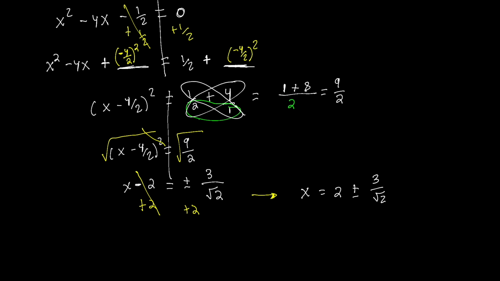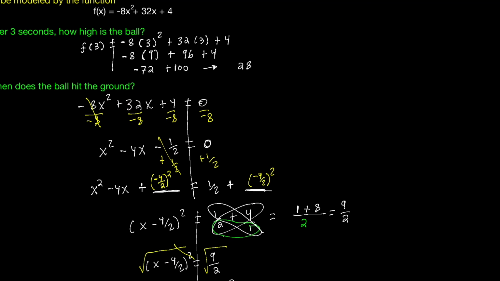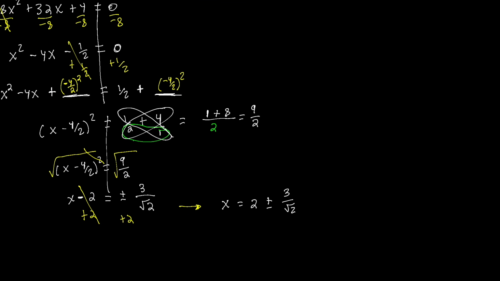Now, since I want the actual time that the ball hit the ground, I'm going to have to approximate these two values, those being 2 plus 3 root 2 and 2 minus 3 root 2. But let's use a little bit of common sense here.